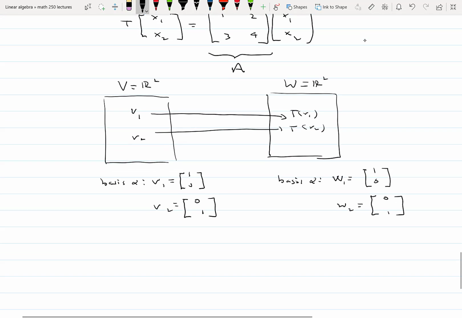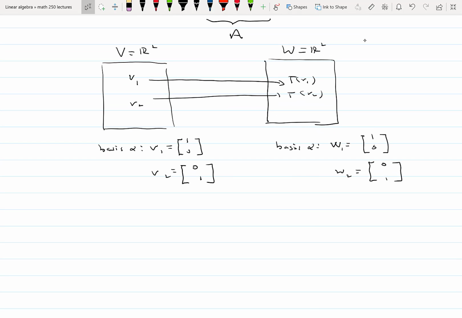Okay. I know this is a drawn out version of the simple factoring, but we need a systematic way of doing this because not every linear transformation is a matrix transformation. So I'm developing a systematic way of doing this for any linear transformation.